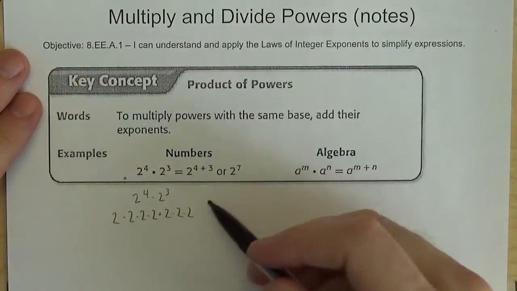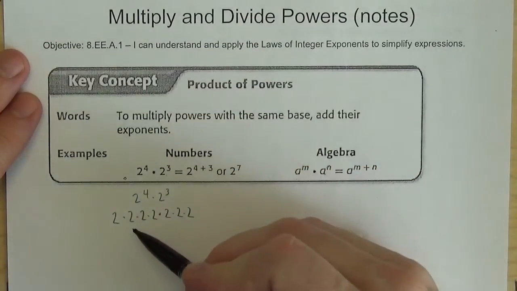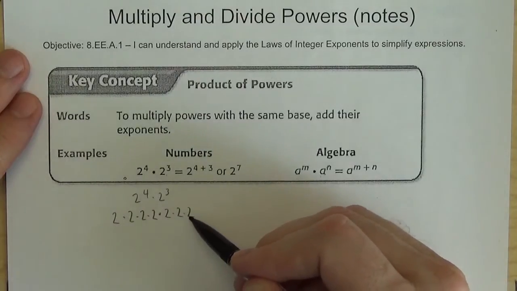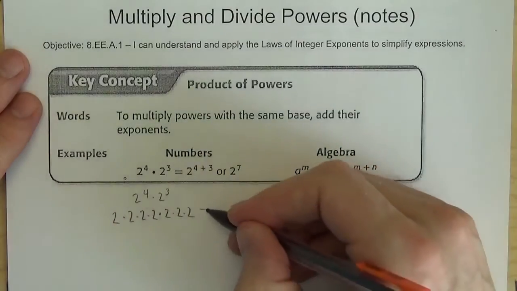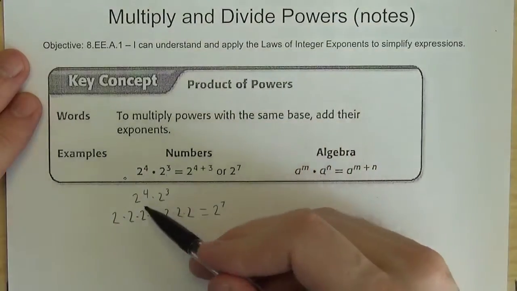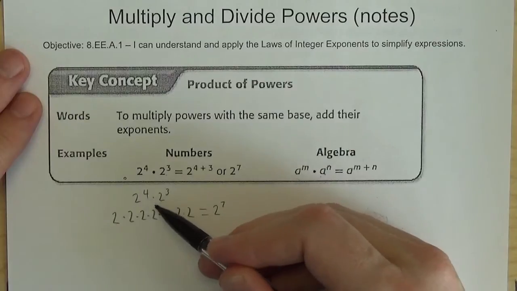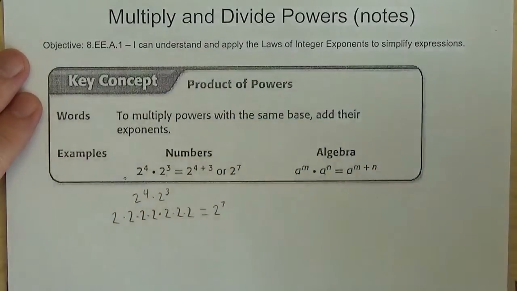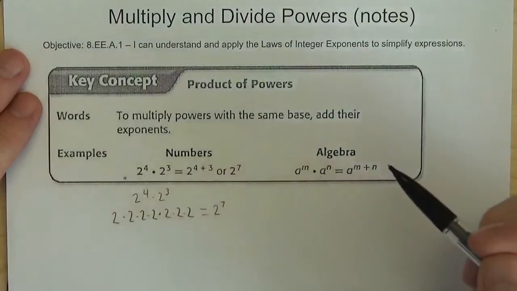So you can see how many times 2 is being multiplied times itself altogether: 2 times 2 times 2 times 2 times 2 times 2 times 2. 2 times itself a total of 7 times, 2 to the 7th. So you can think of this as 2 times itself 4 times, 2 times itself 3 times. Altogether, 2 is being multiplied times itself 7 times. So that's why we're able to just add those exponents together.